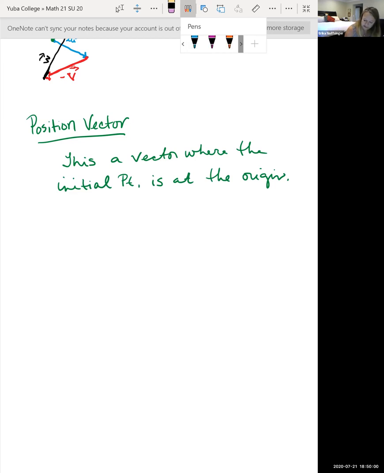So if we have some vector, and let's say that this is a point at (a, b).